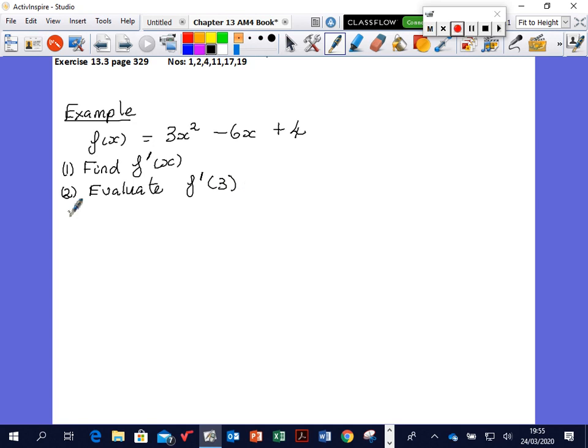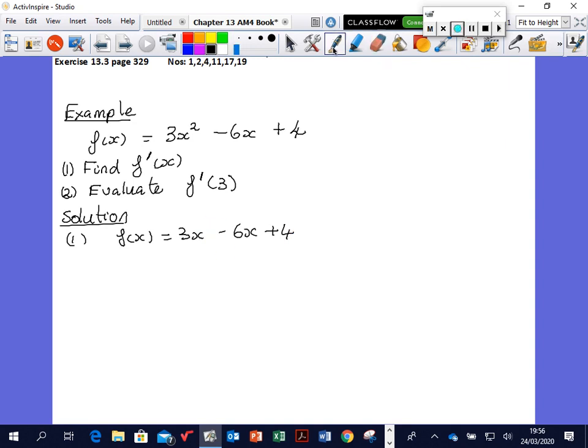Let's take part 1 first. We were given f of x is equal to 3x squared minus 6x plus 4. That's what we have been given.